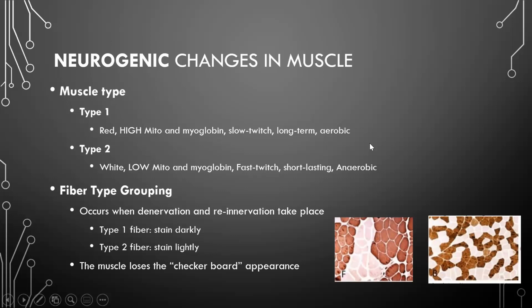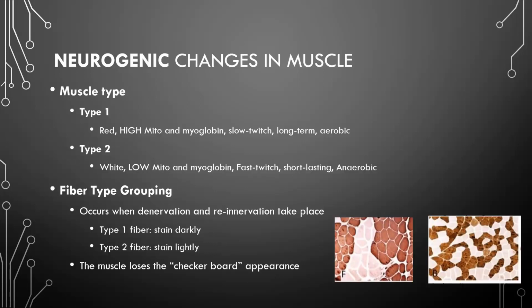So make sure you have type 1 versus type 2, so that whenever you hear type 1, all of that comes across in your mind. You should normally have the checkerboard appearance, but if there's an injury to the muscle and it's neurogenic in its pathway, then you're going to lose your checkerboard and have type 1 fiber type grouping. So they lose that appearance.